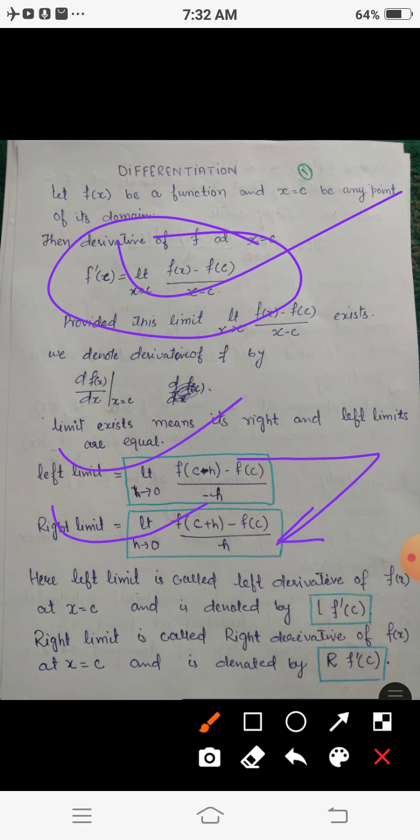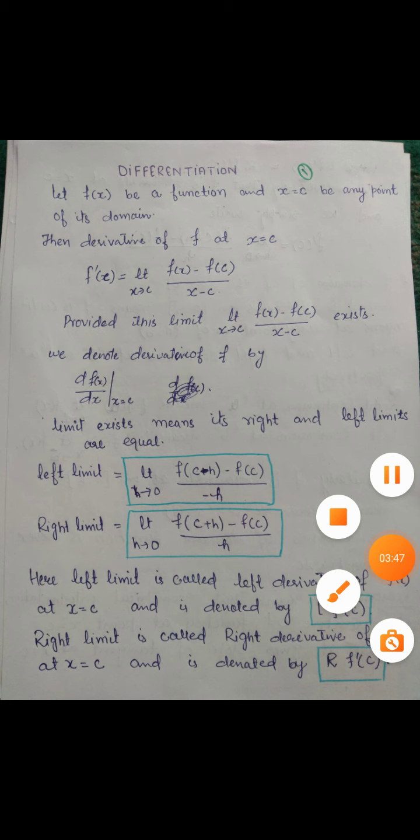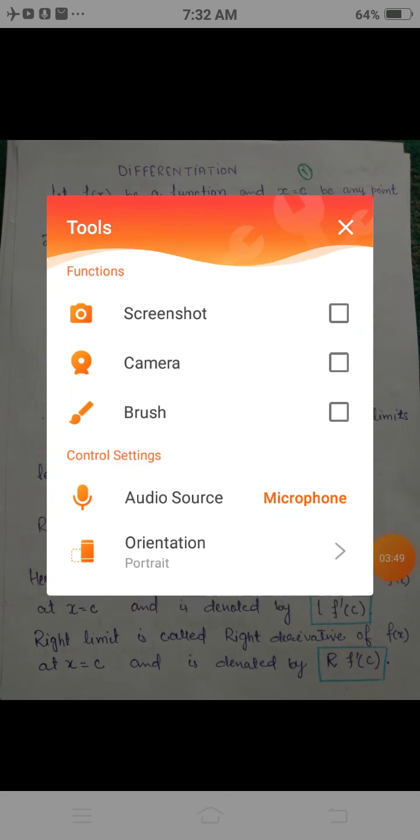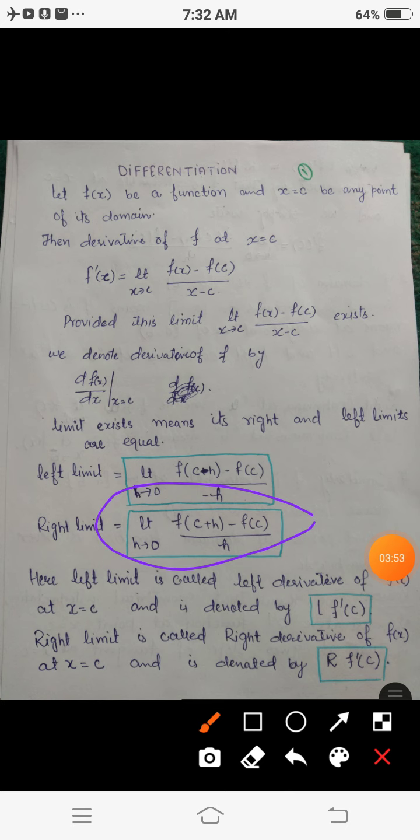Hence, for simplicity, f dash of c is the limit as h tends to 0 of f of c plus h minus f of c upon h.